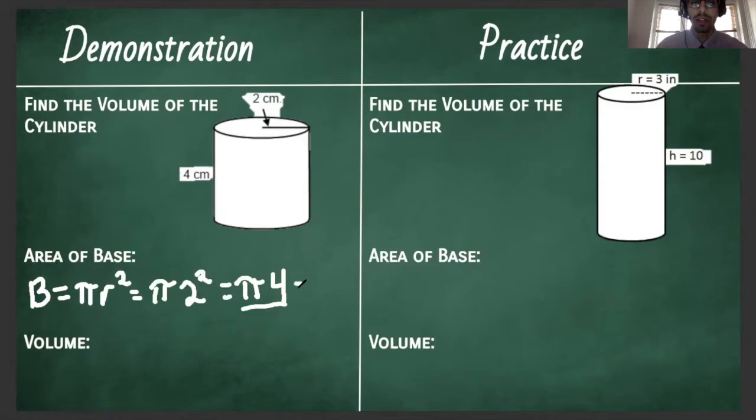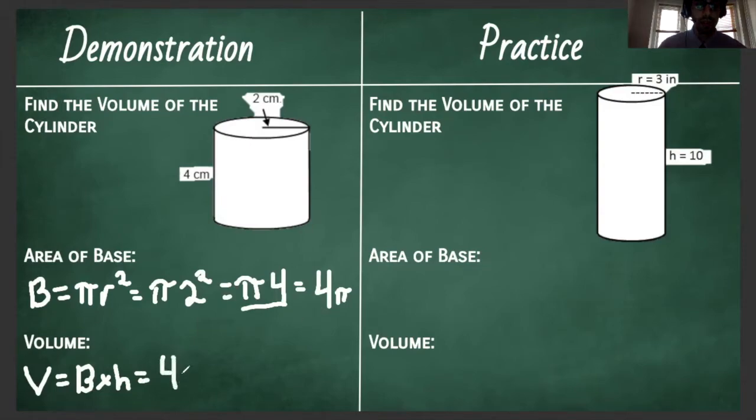Okay, so I'm just going to write down that the area is 4 pi. Now I have the area of the base, which is 4 pi. When I'm solving for volume, I'm going to take the area of my base, multiply it by the height of the cylinder. So in this case, what was the area of the base? 4 pi. And what is the height of the cylinder?